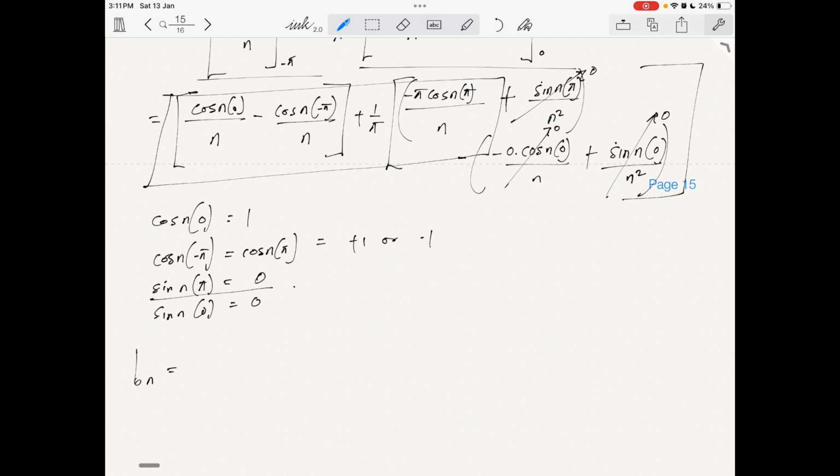Say Bn is equals to cos n of 0 by n minus cos n of minus pi over n plus 1 over pi into minus pi cos n pi over n.